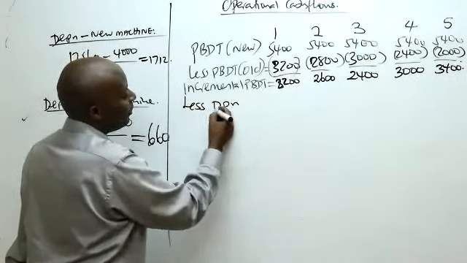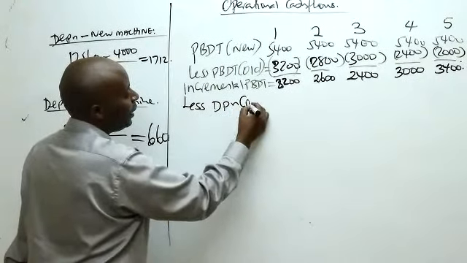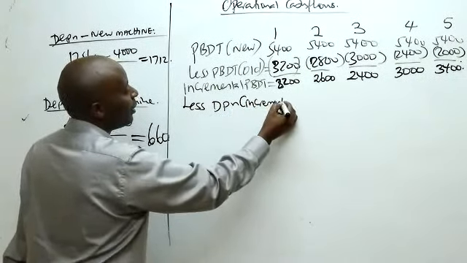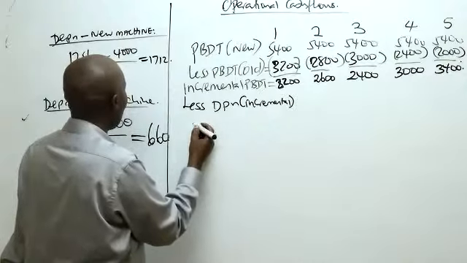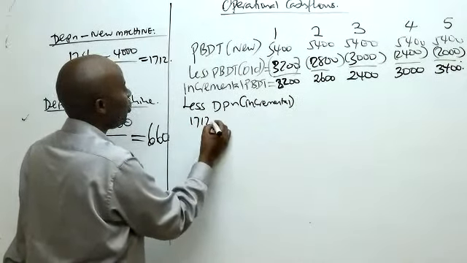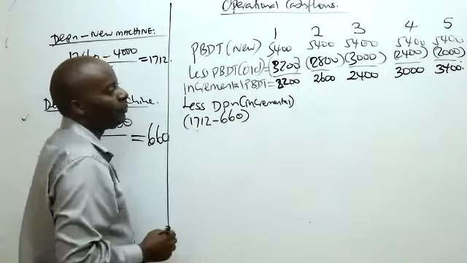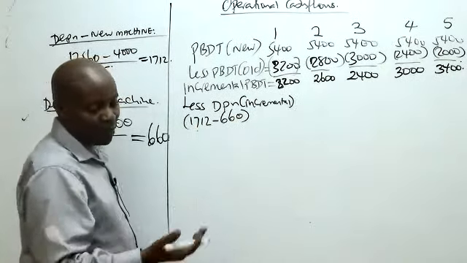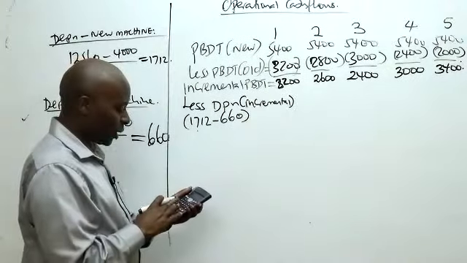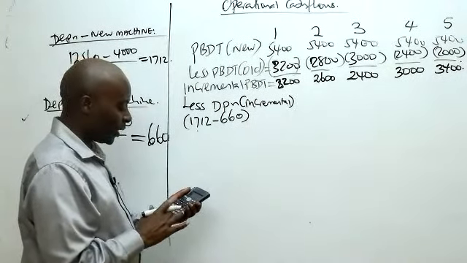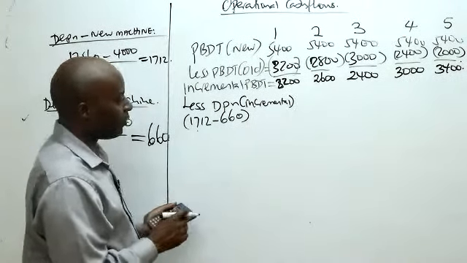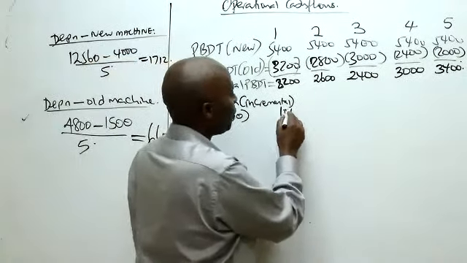And please remember, this depreciation has to be incremental. So 1712 minus 660, like that. Remember, this is per annum, so every year. So we have 1712 minus 660, which gives me 1052. So we have 1052 throughout.